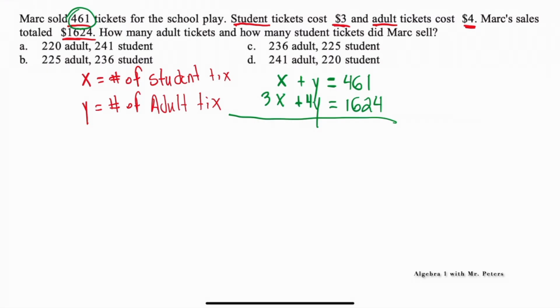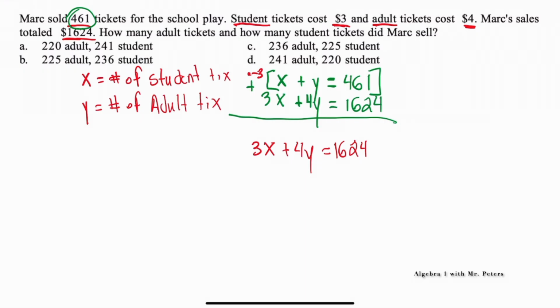Now, what I would say to us is we're going to use the elimination process. I think that is the easier thing to do. So what I'm going to do is multiply not the second, but the first equation. Let's multiply this by -3. So we have 3x plus 4y is equal to 1624.